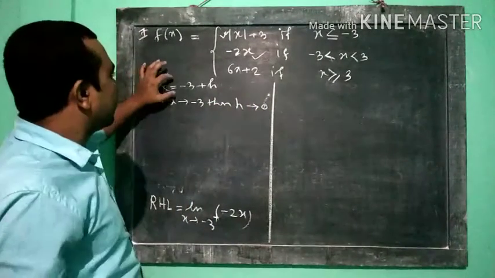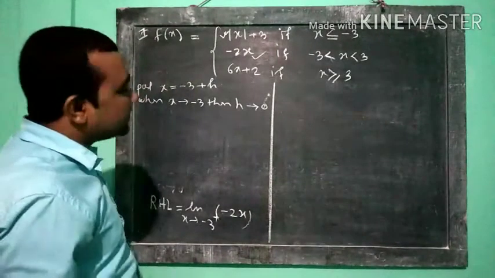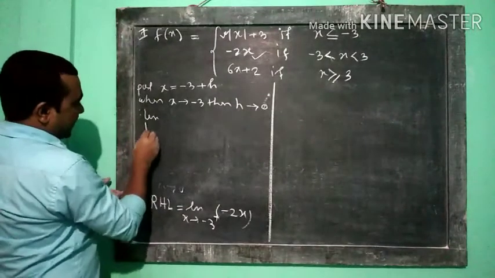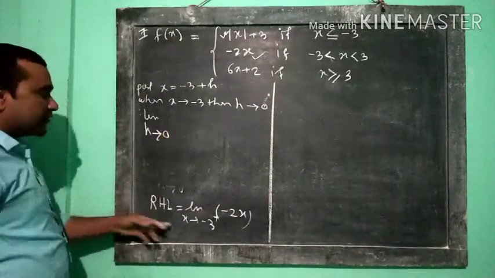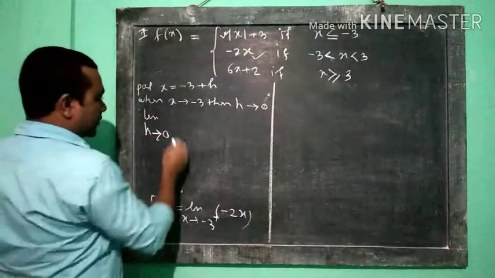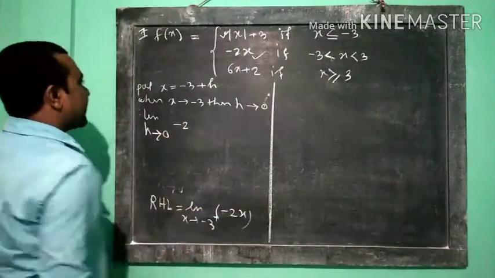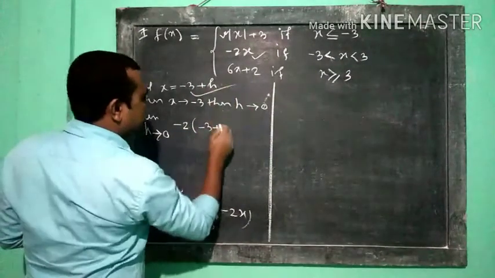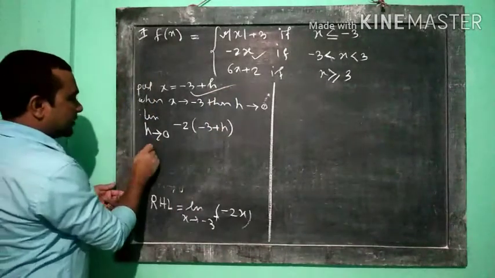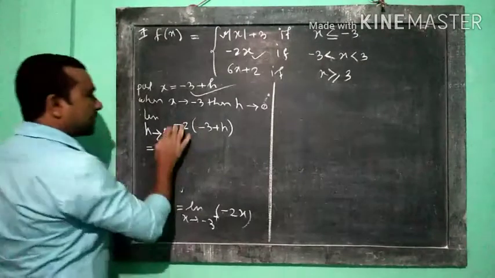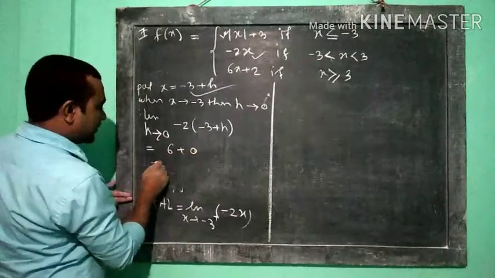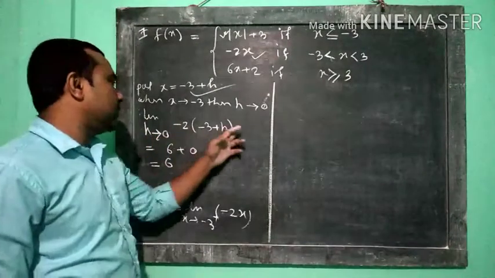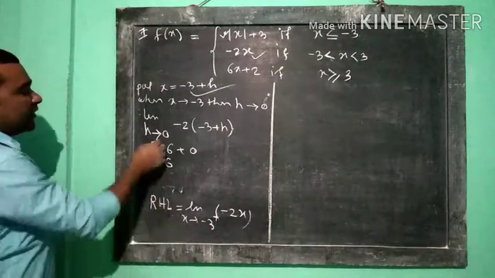If we put x equal to minus 3, then minus 3 cancels out and h equals 0. Therefore the limit as h tends to 0 of minus 2 times minus 3 plus h. Multiplying, minus times minus is plus, this is equal to 6. That means the right hand limit equals 6.